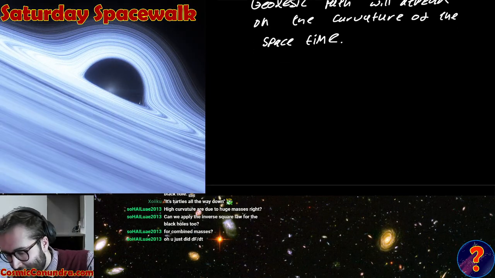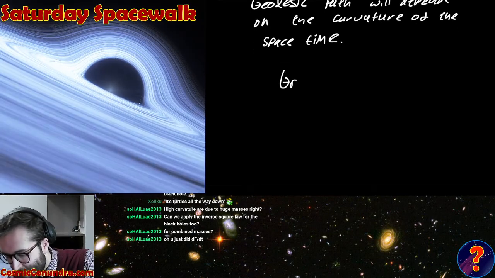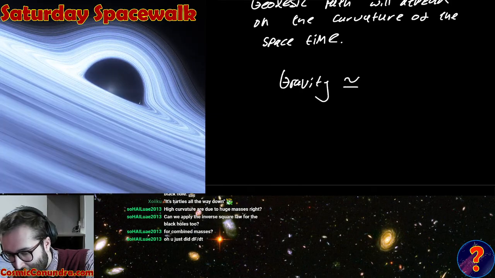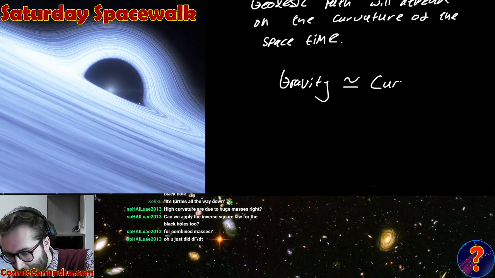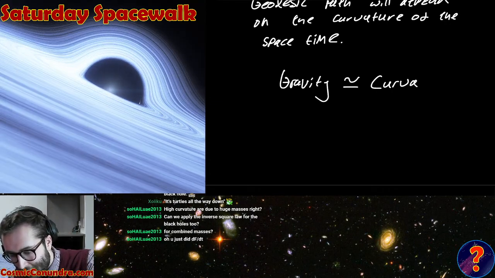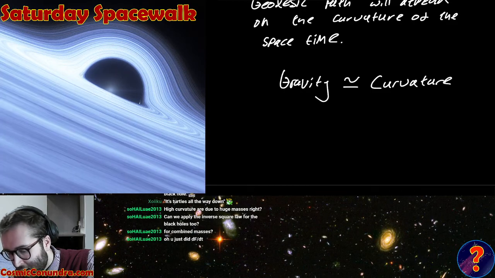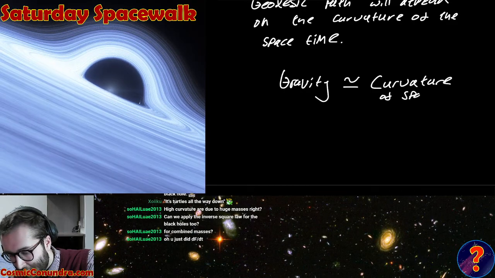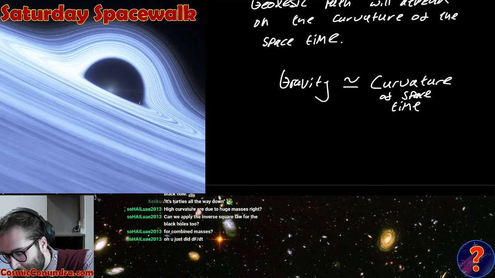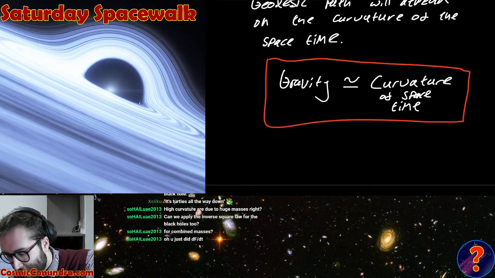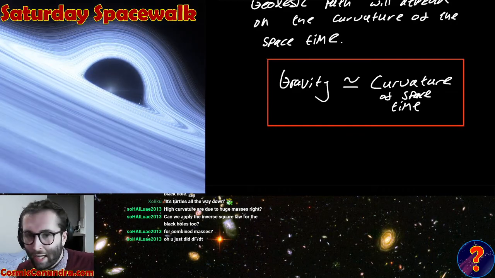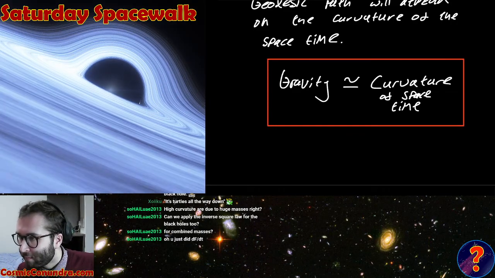So that allows us to roughly say gravity is roughly equivalent, this is not any mathematical equal sign, it just means gravity kind of arises from curvature of space-time. That is the logic we're using to present that fact, that gravity can be related to the curvature of space-time.